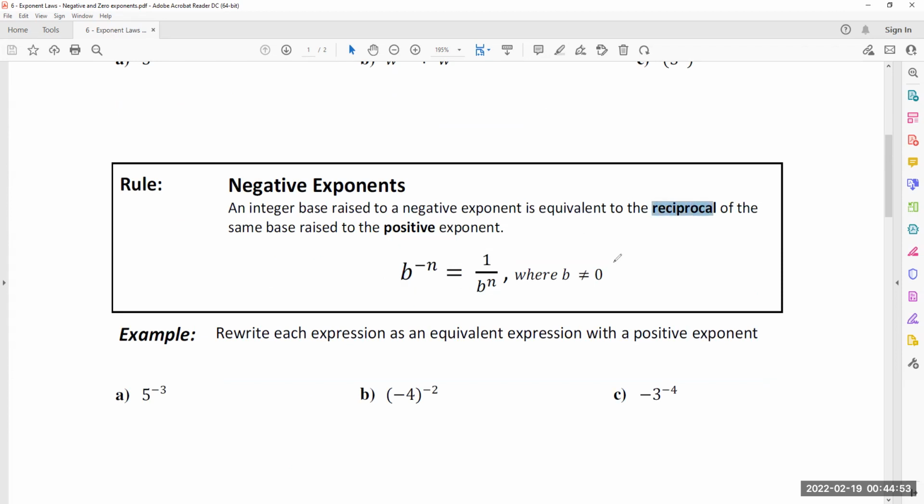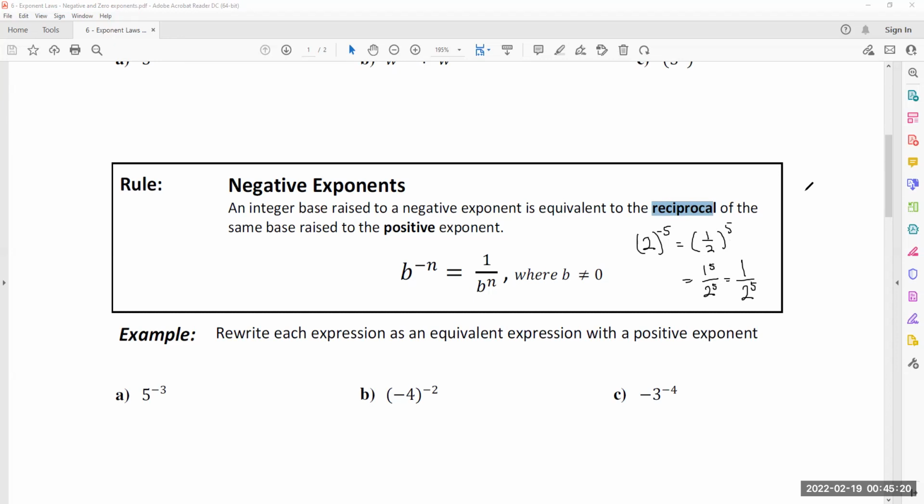So for example, if I have 2 to the power of negative 5, this is going to turn into a positive 5, but the 2 is going to be rewritten as a reciprocal. And that is why we say, 1 to the power of 5 over 2 to the power of 5. But of course, 1 to the power of 5 is going to be 1. So it's going to be 1 over 2 to the power of 5.